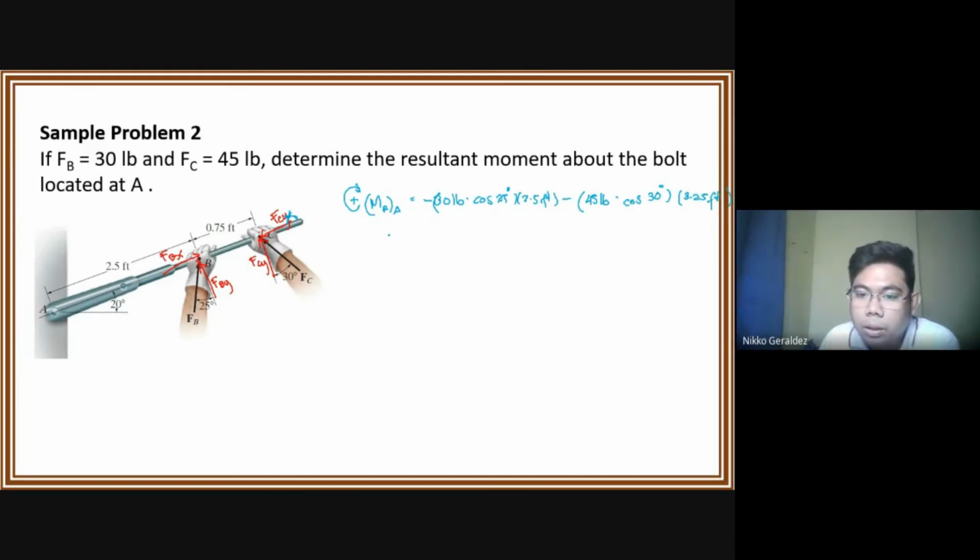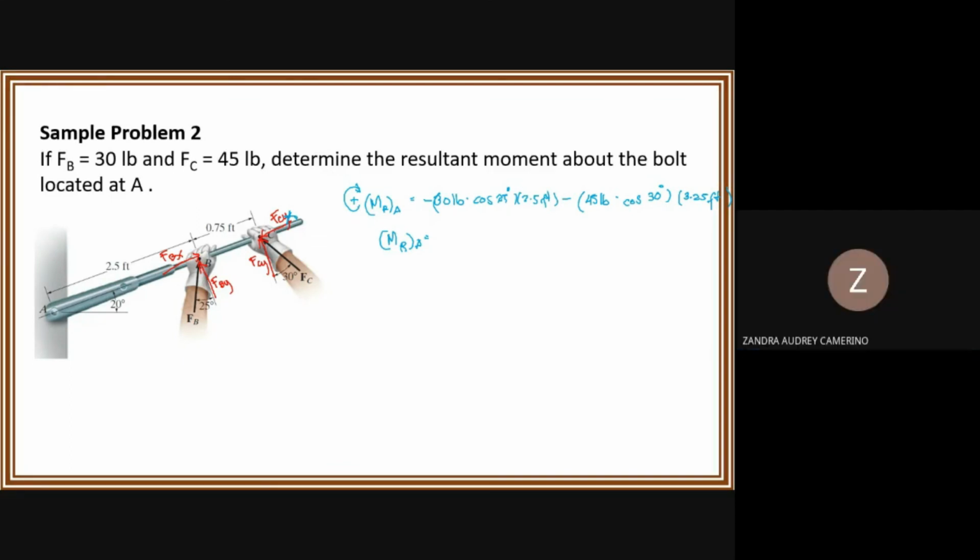Then, moment resultant at point A is equal to ano po? What is the moment resultant at point A?